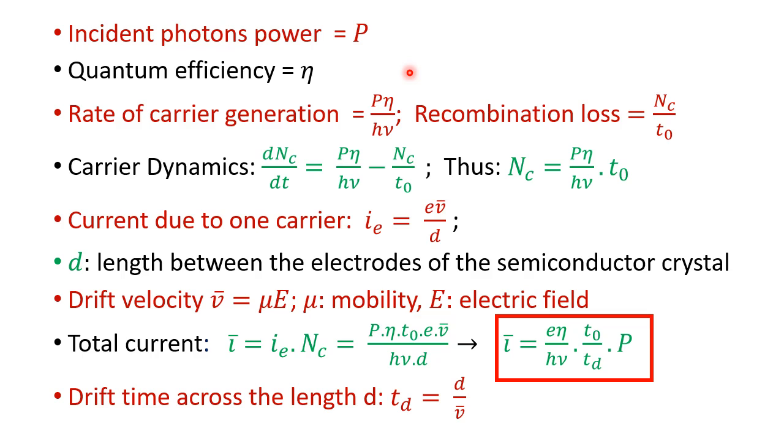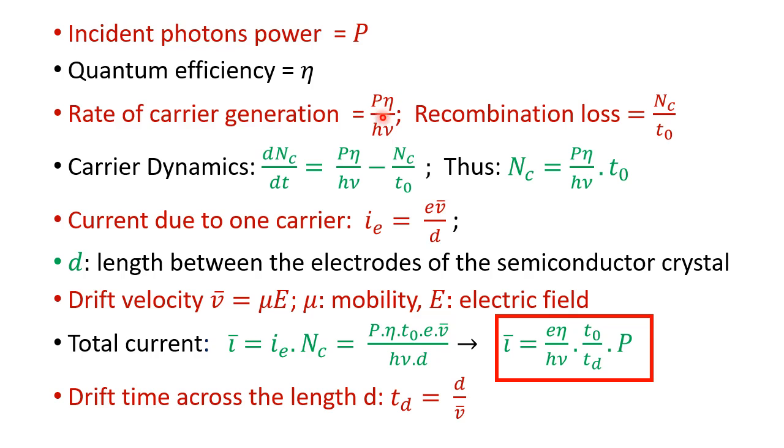So you see that this number is essentially from 0 to 1, if you like, right? When you say 100% quantum efficiency, what you mean is that for every photon input, you will generate a charge that will essentially be contributing to the current, right? So clearly you can see that the rate at which the carriers are being generated is simply this quantum efficiency multiplied by the incident photon power, and I have just divided by h nu to get rid of the energy business.